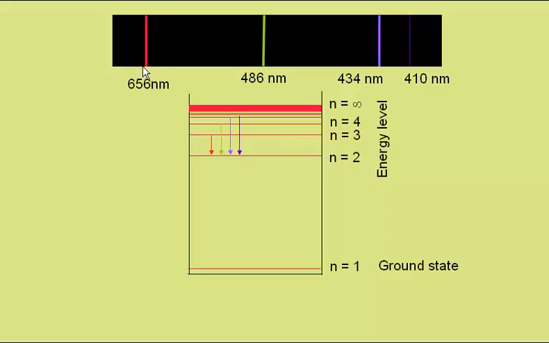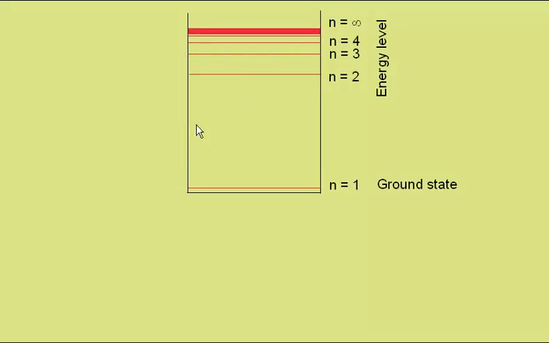So let's look at this red line at 656 nanometers in a little bit more detail. It's the drop from n equals 3 to n equals 2. On this diagram we can show it with this arrow from n equals 3 to n equals 2. Now the n equals 3 energy level is at minus 1.5 electron volts.